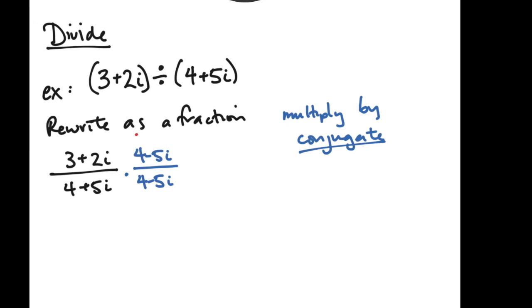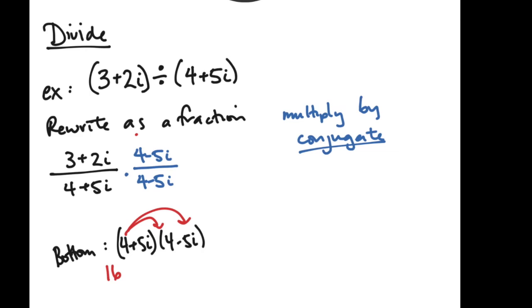So on the bottom, if I multiply this out, if I distribute this out, that'll be 16 minus 20i plus 20i minus 25i squared.